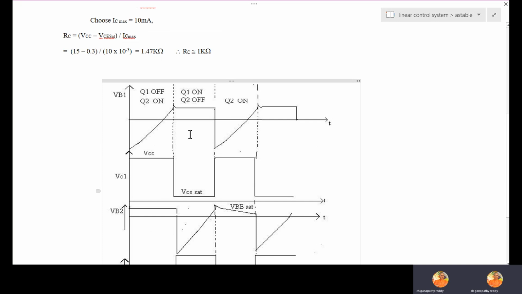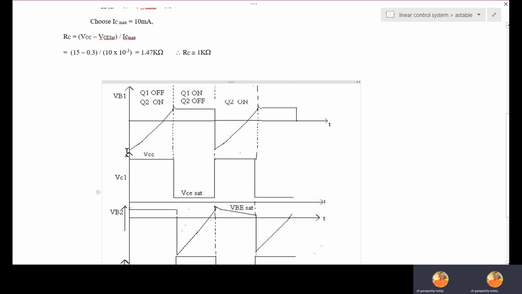So this is the expected waveform VB1, the base voltage of transistor 1. When Q1 is on, base voltage is high. For negative base voltage, the transistor will be off.